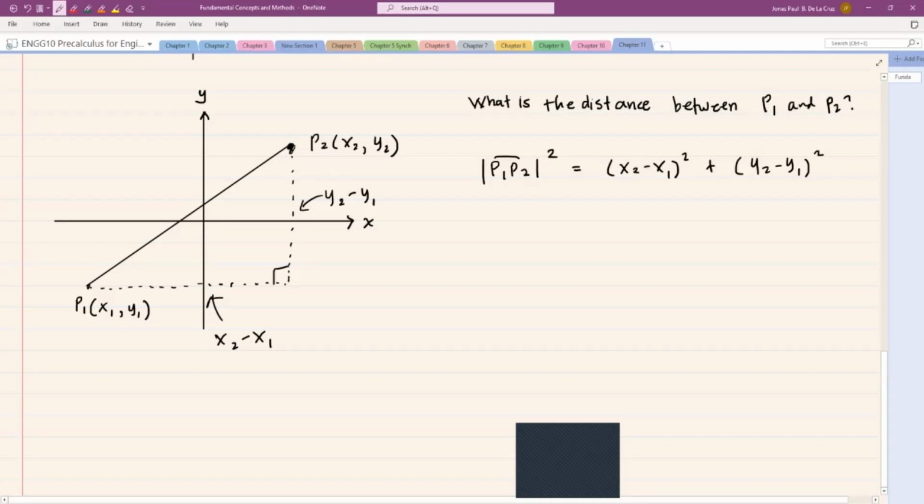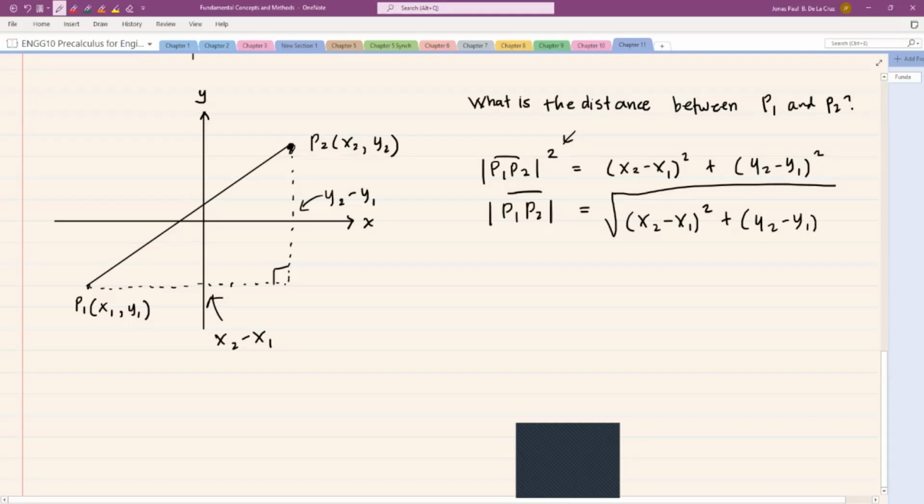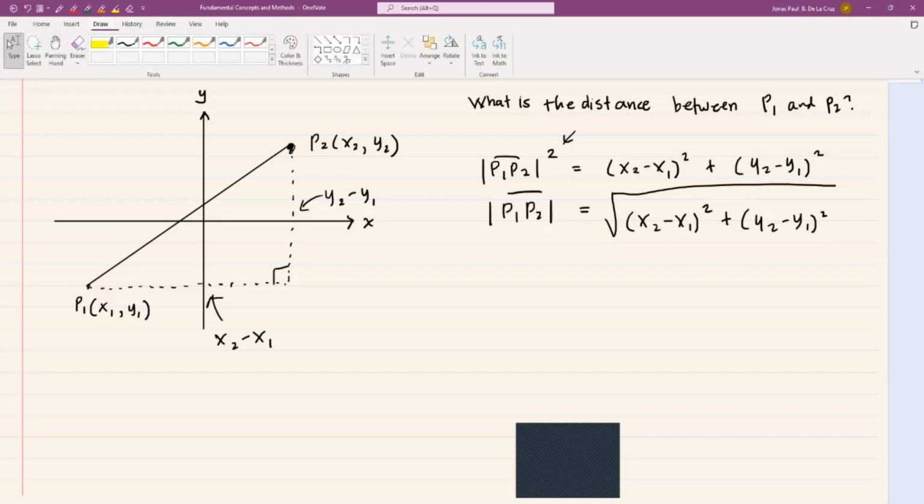So, kapag inalis natin itong square na to, we take the square root of both sides. So, the distance between P1 and P2 is equal to the square root of x2 minus x1 squared plus y2 minus y1 squared.